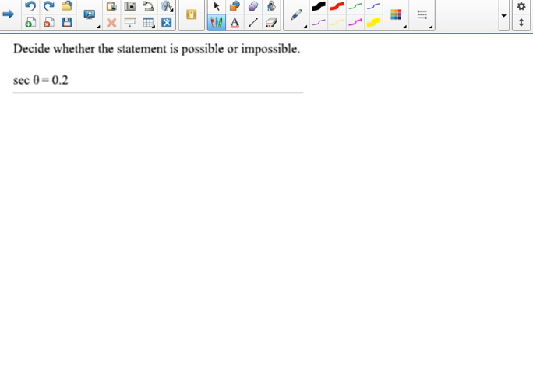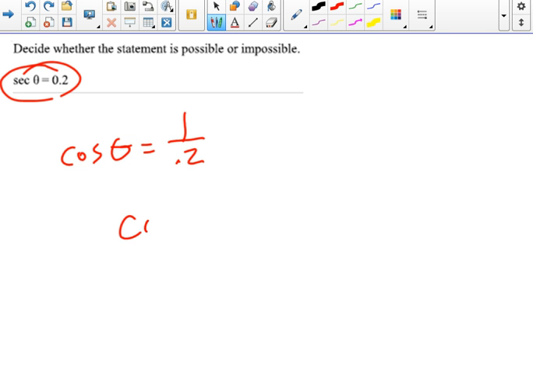So, based on what we just talked about, there's no way. You can argue this a lot of different ways. Let's say all you know is what I told you needed to know, which is that the cosine, for example, can't be bigger than 1 or less than -1. Why did I mention the cosine? Because I know that the cosine of this angle will be 1 over 0.2. If you do 1 over 0.2, that comes out to be 5.